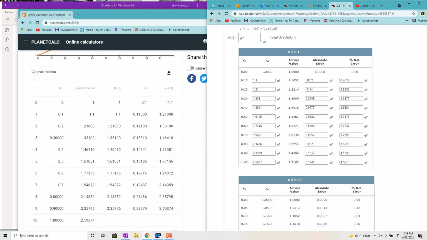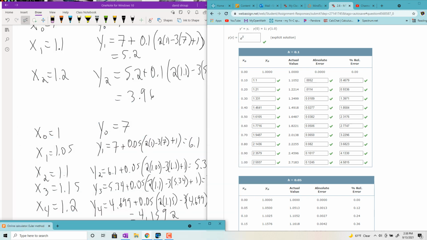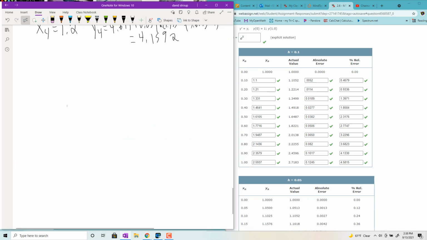So just note, to get the absolute error, it's going to be the difference of your predicted value minus the actual value, and you're doing the absolute value of that. So in that case, it's 2.5937 minus 2.783, of course.